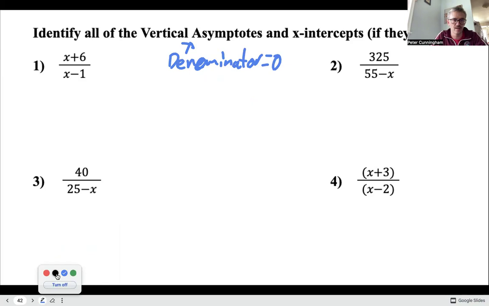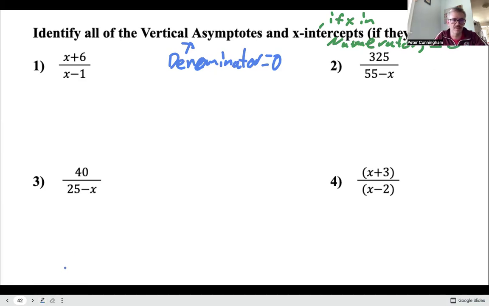And then for x-intercepts, we need to think, okay, if there's an x in the numerator, make that equal 0.